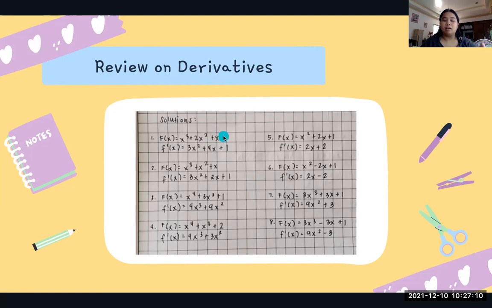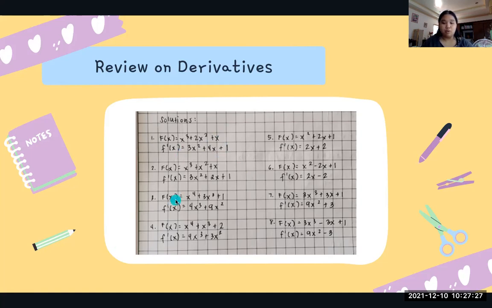Then we remember derivative rule number 1: the exponent of x is 1, so if we subtract 1 from that, we have 0, and anything with an exponent of 0 is equal to 1. So here is our final answer.